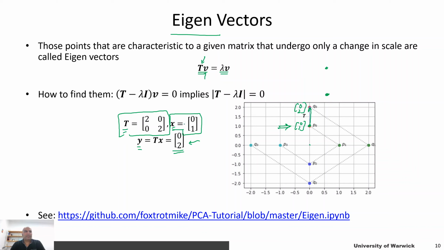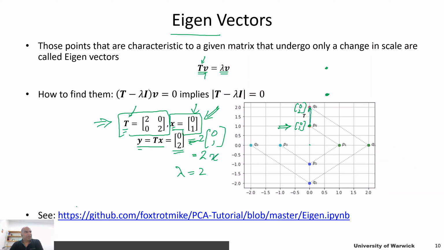Let's apply this definition over here. You had a point x, which is 0, 1, and we had a matrix T. Once you multiply these, y is equal to Tx, you get another point, which is 0, 2, but that can be written as 2 times 0, 1, or 2 times x. So in this case, lambda is equal to 2. That means this vector x is an eigenvector of this given matrix.